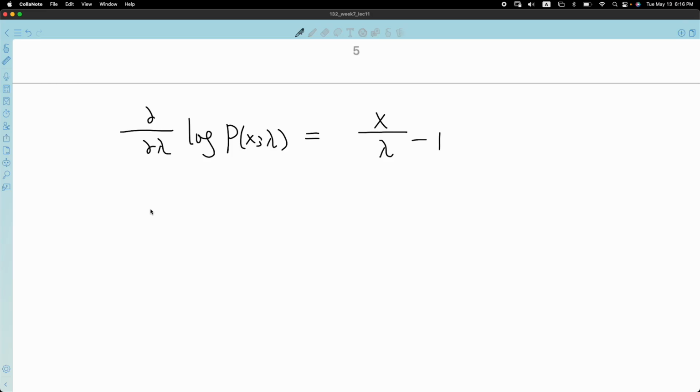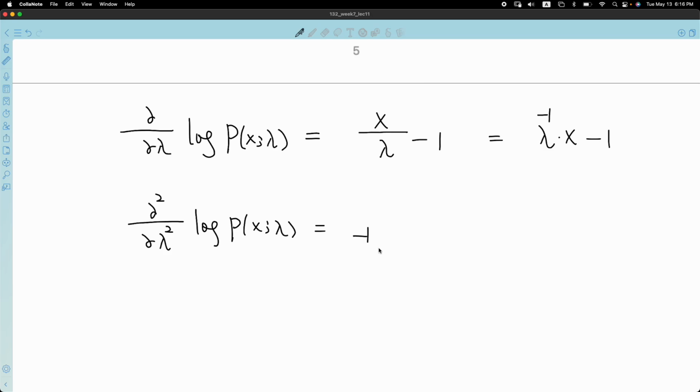Let's take another derivative, a second order derivative for the log likelihood. So this is also lambda to the negative 1 multiplied by x minus 1. So for the second order derivative of this term, that is negative 1 multiplied by lambda to the negative 2 multiplied by x.